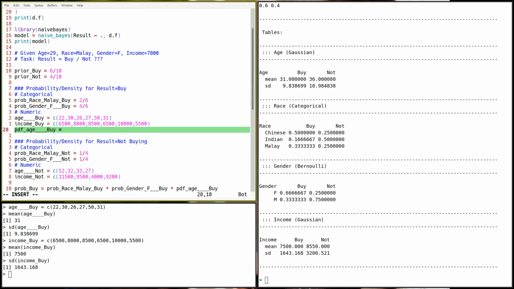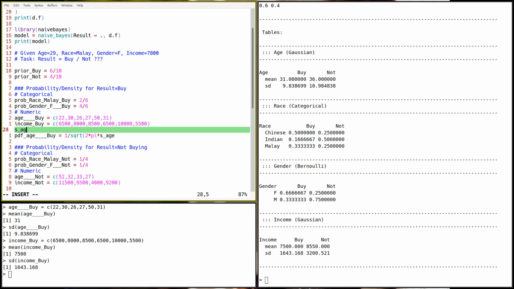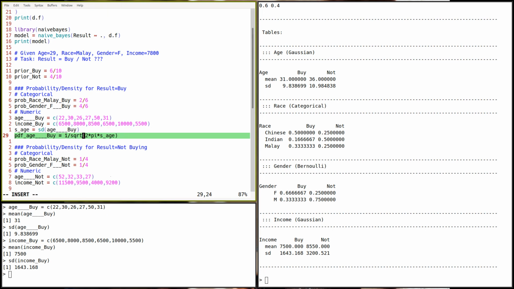The formula, as I have seen many times, is 1 over the square root of 2 times pi times s_age, because now we are checking the age case. Here s_age is the standard deviation of age.